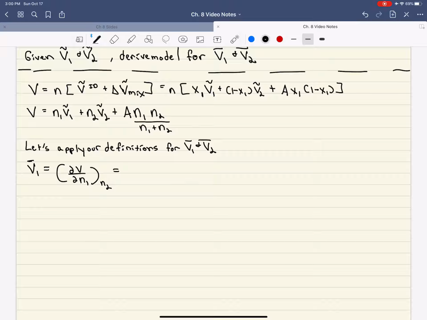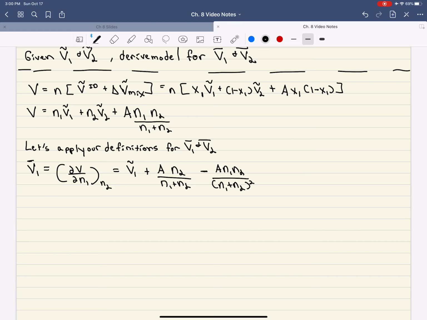First term, the derivative is just V1 tilde. There's no N1 in the second term, so that term just goes away. Here we have an N1 in both the numerator and the denominator, so we have to apply the quotient rule, or split it up and apply two product rules. In any case, we get something that looks like this, over N1 plus N2 squared.